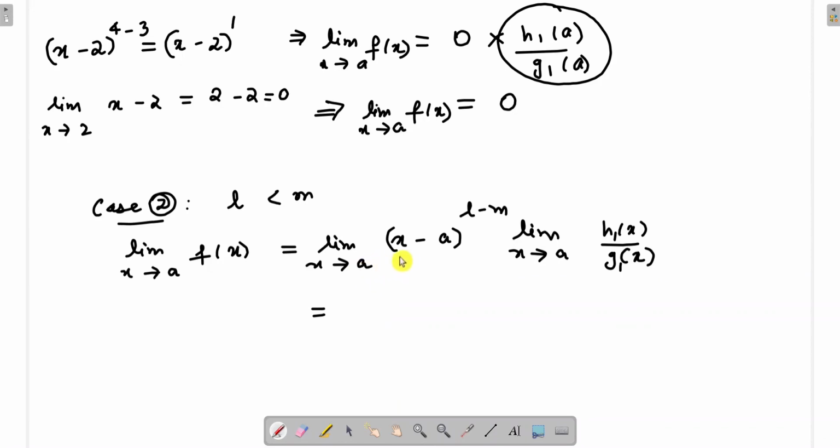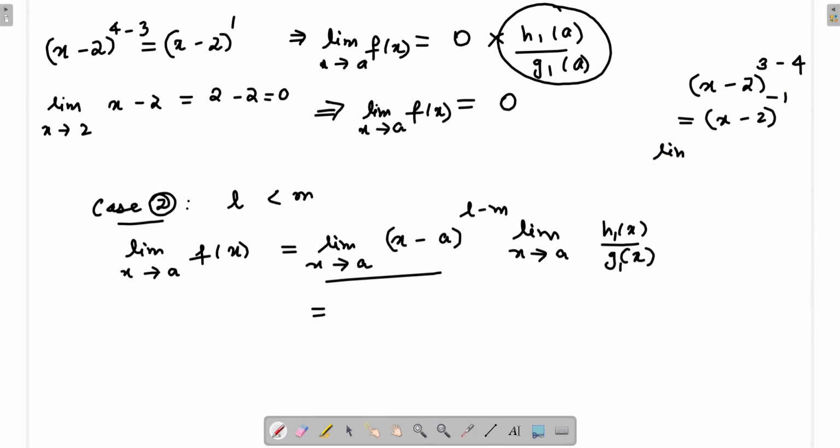Suppose we look at this limit, now we have to calculate. For that again we have to look at the same example, (x minus 2) as the factor, and then if we take 3 minus 4 here, l is less than m. So what we will have here is (x minus 2) raised to minus 1, right?